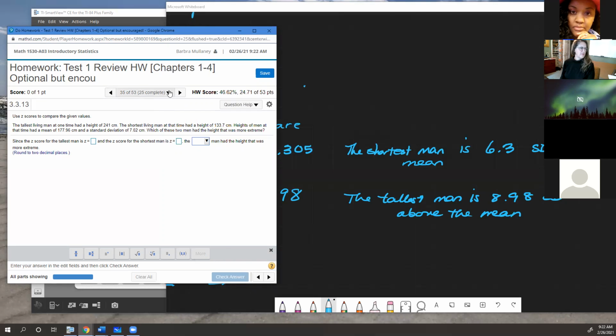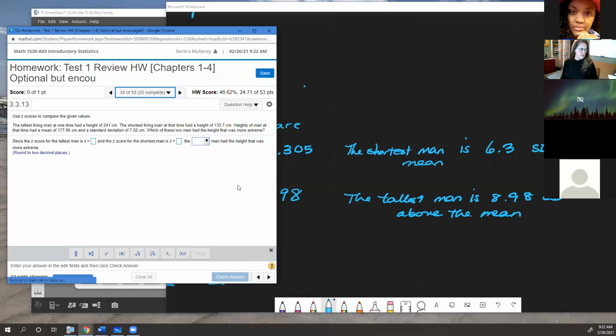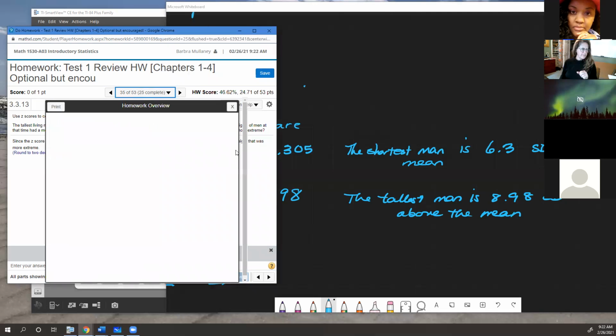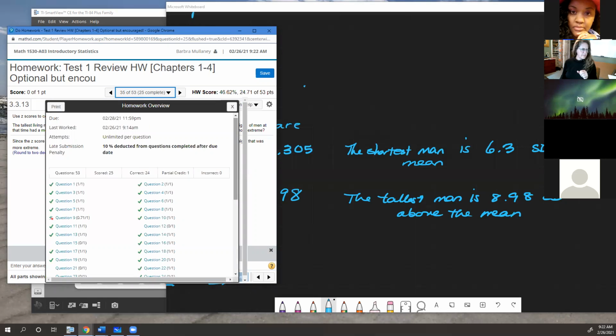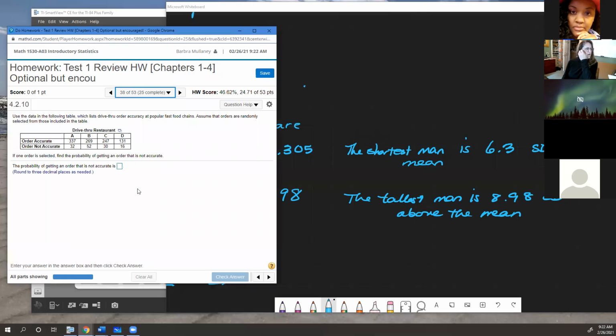Okay, so that was 35. I'm going to skip over to 38. Use the data in the following table, which lists the drive-through order accuracy at popular fast food chains.